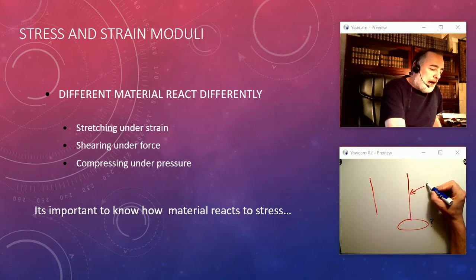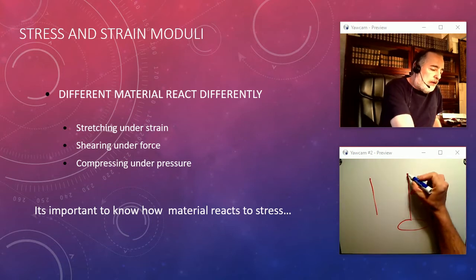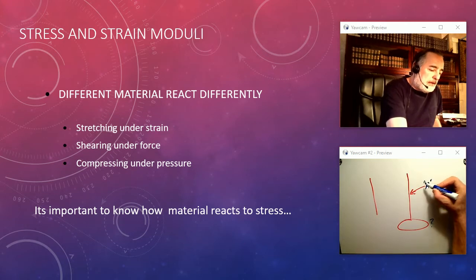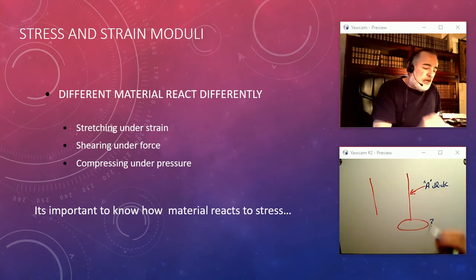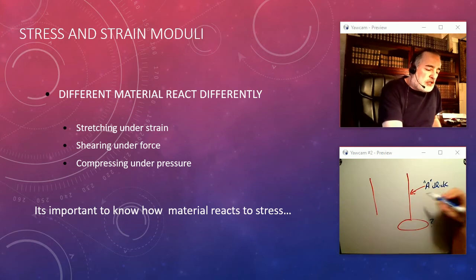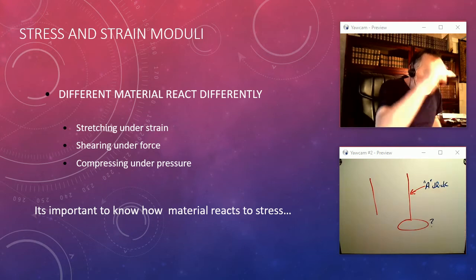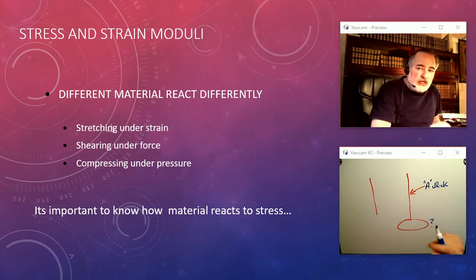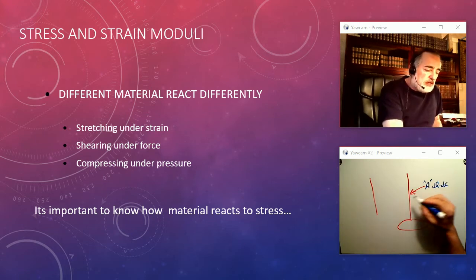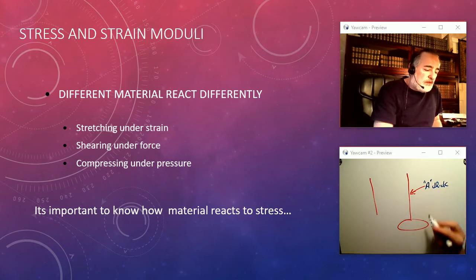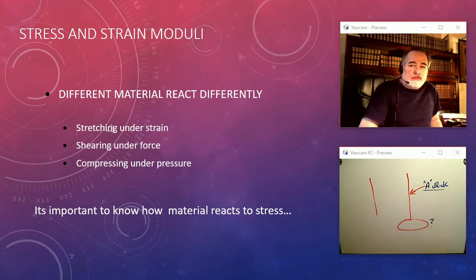The area of the wire, how thick it is, right? And we're going to be using cross-sectional area at least for one type of modulus. But of course, if it's compression, it's going to be volume change for a given area of a surface. That matters, right?